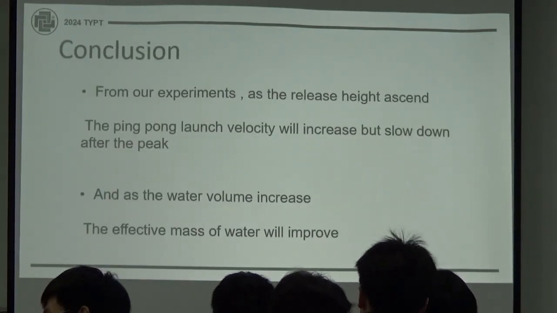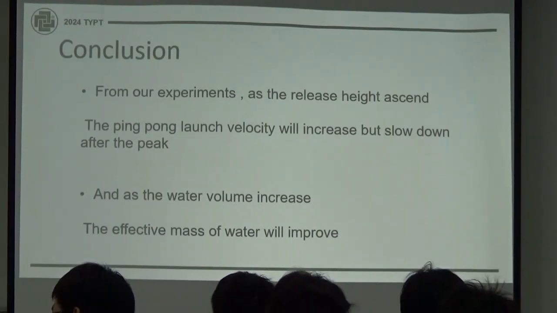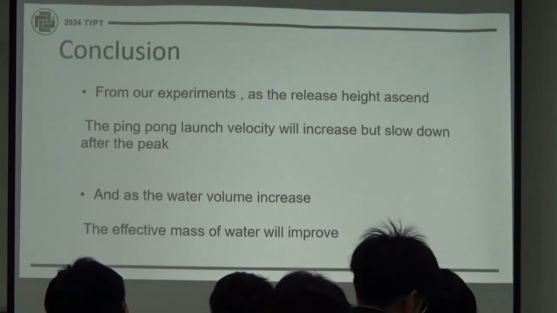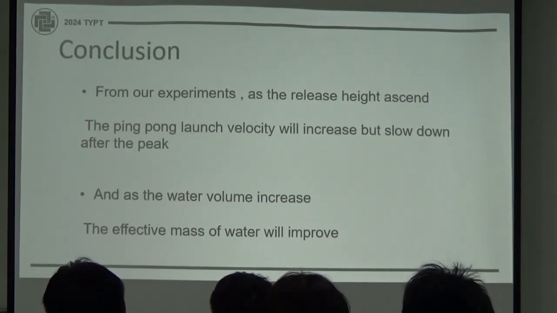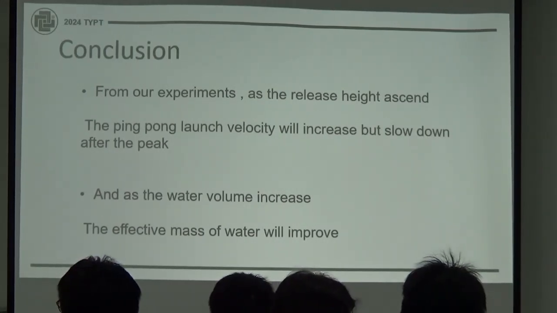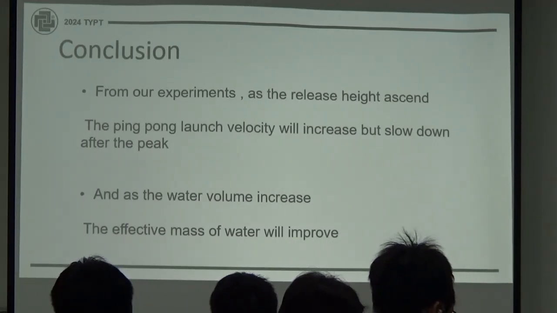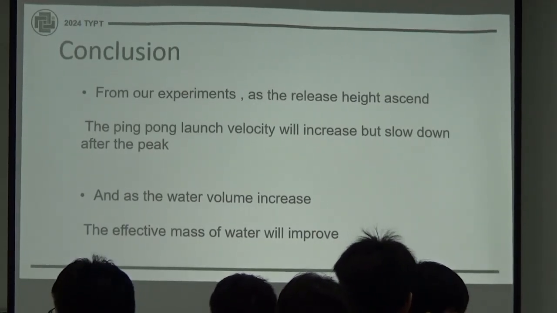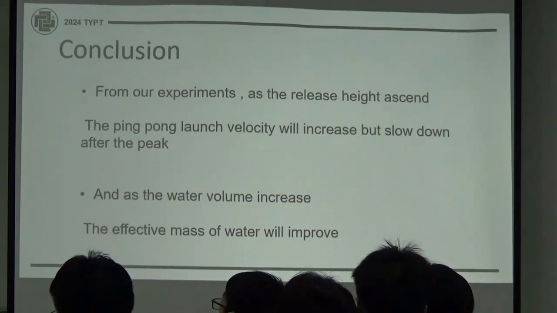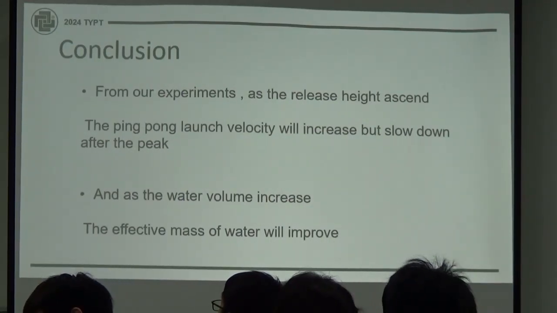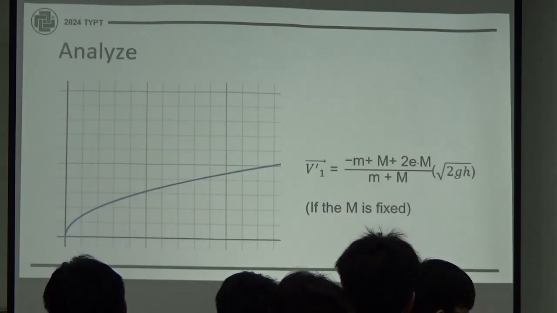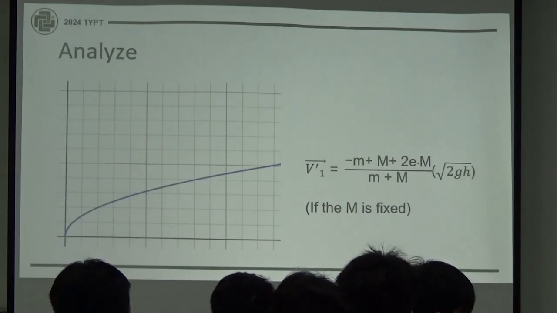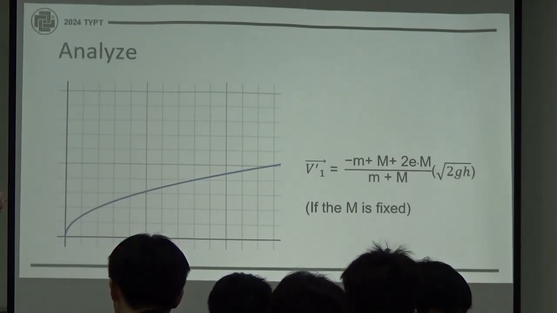And in our conclusions, you can see as the release height extends, the ping pong launch velocity will increase but slow down after the peak. And as the water volume increases, the effective mass of water will increase. But to know the launch velocity with 2 liters of water, we find out that the ping pong ball mass is much smaller than the effective mass of water.